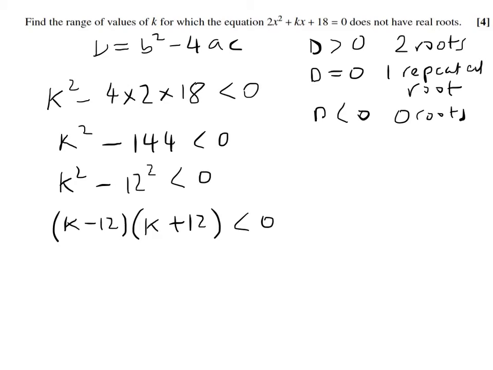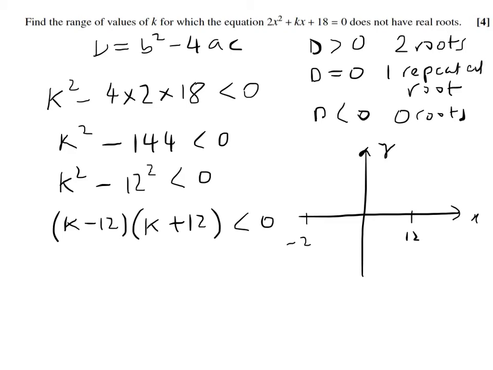And I always encourage students to draw a graph at this point. So if I was to plot this on a graph, x and y, just to look at the regions we're interested in, we know we have two solutions. We have a positive 12 and a negative 12. I know it's a positive quadratic, and so it's going to be a happy shape.